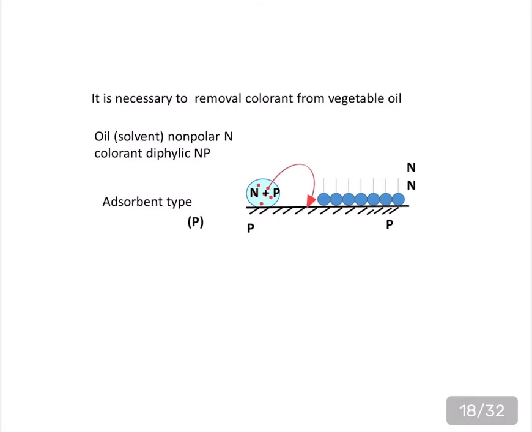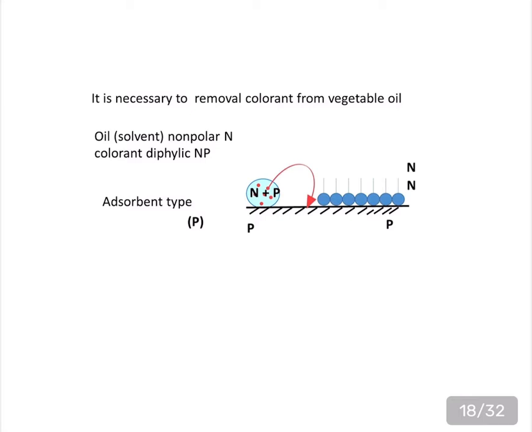It can be expressed by the following scheme. At the initial step, we have a mix of non-polar liquid and a liquid with diphilic structure. If we choose polar solid material, only the diphilic component will accumulate on the solid surface.